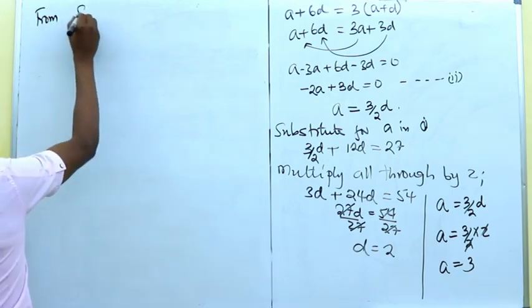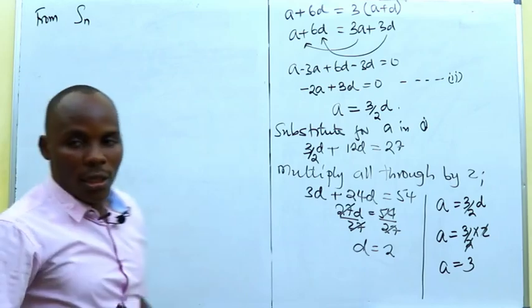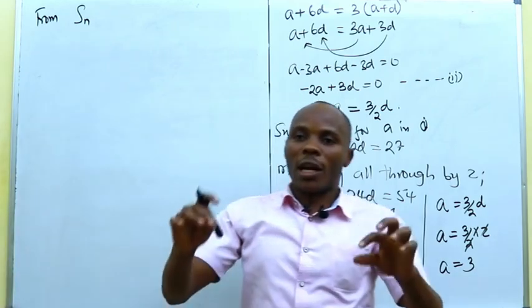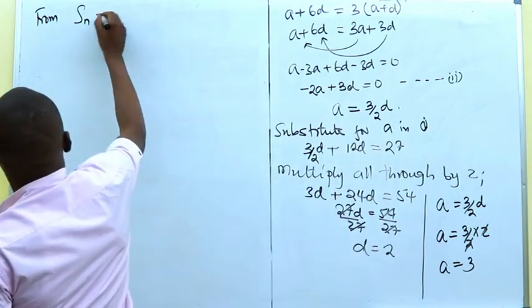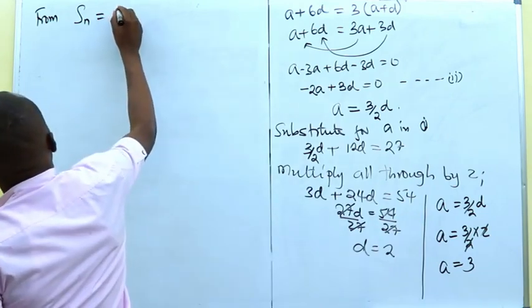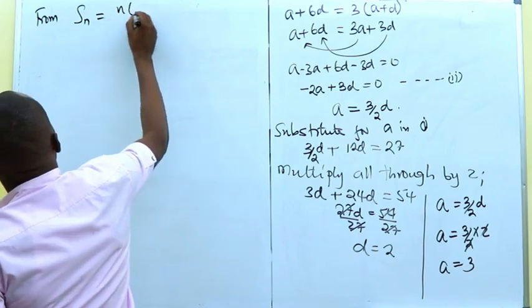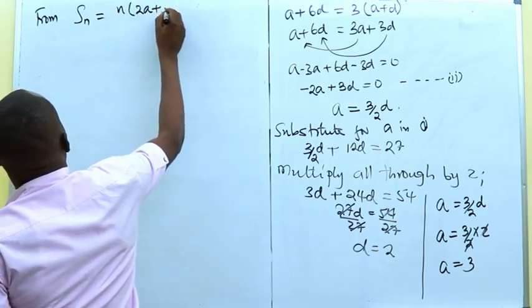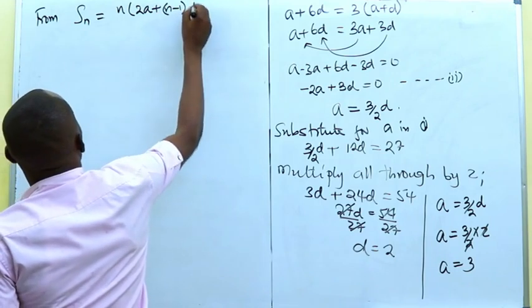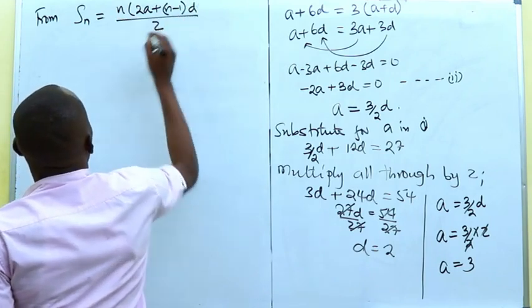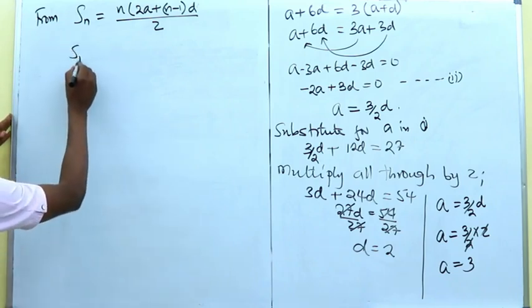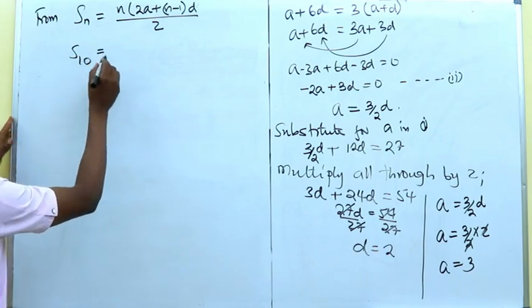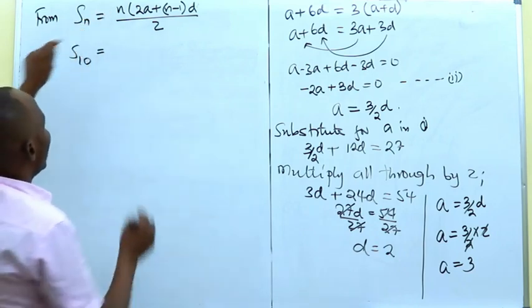From Sn, Sn stands for the sum of the first n terms. Sn is n into 2a plus n minus 1 into d, all over 2.